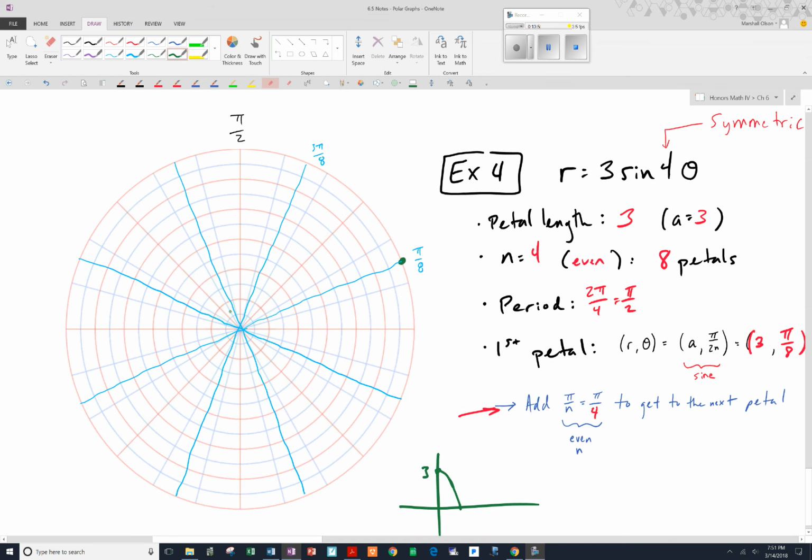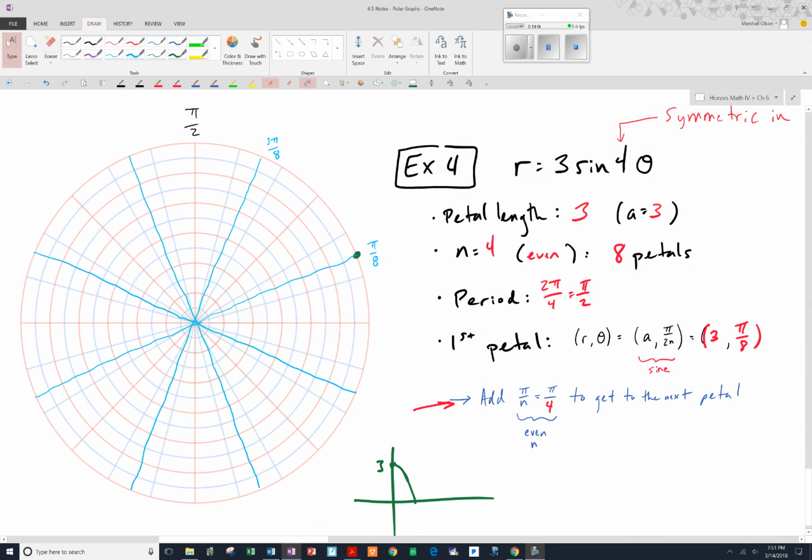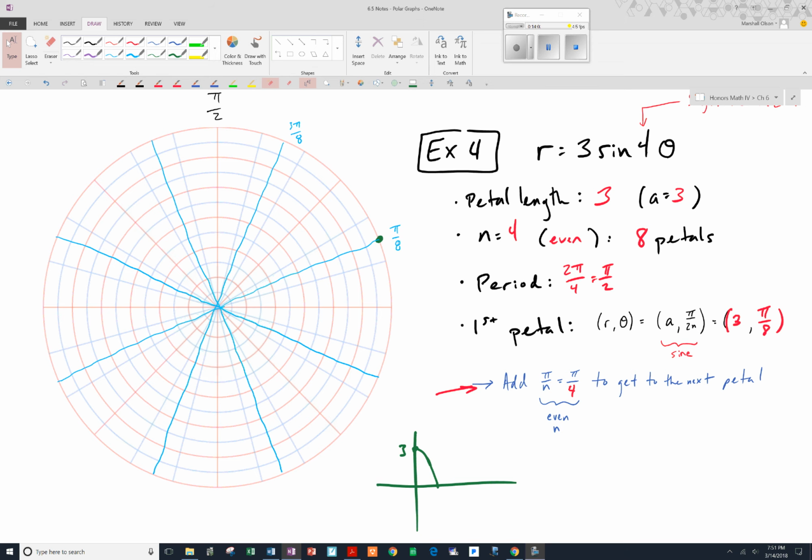Now, instead of drawing this thing in the order that each point is graphed, we're going to just take our formula sheet or the ideas that we've learned here and put together the fact that I can get from one petal tip to the next by just adding half the period. Half the period, because it's an even n value. So half the period is pi over 4. So that would put me here, and then my next one would be here, and I'm just adding pi over 4 every time. There are the petal tips I'm going to have.